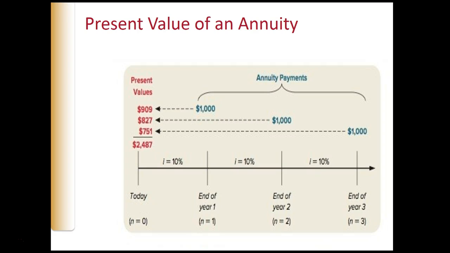As shown on this slide, the present value of three $1,000 annual payments discounted at 10% equals the present value of the first payment, $909, plus the present value of the second payment, $827, plus the present value of the third payment of $751. You can verify these amounts by looking at the present value factors in Table 2.